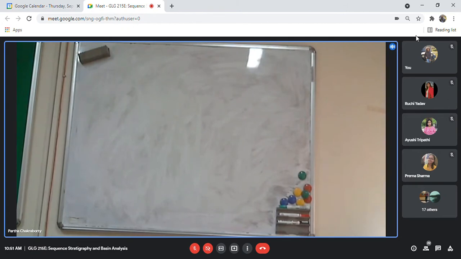This definition is clear to you, na? Because in all my discussion of system tracts, whenever I discuss any system tract, I say the lower boundary is which surface and the upper boundary is which surface. So they are bounded by sequence stratigraphic surfaces, and they are subdivisions of a sequence.